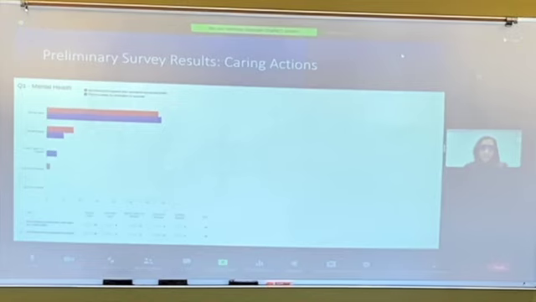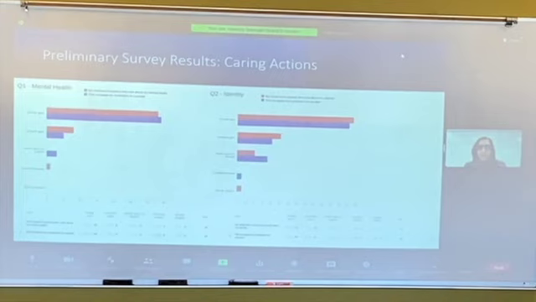And you can see we have similar patterns across the board. At the very top, the graph says strongly agree, and at the very bottom, it's strongly disagree. So we can see that most students strongly agree that, yes, my instructors show that they care, and this increases my motivation. Similarly, we get that with identity.